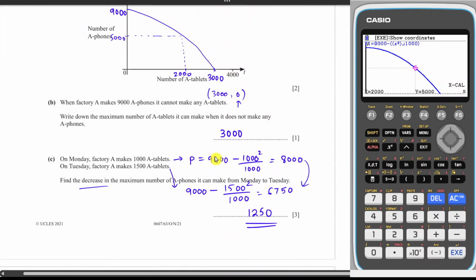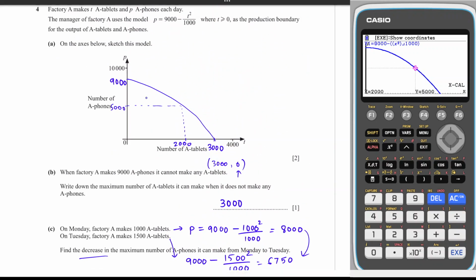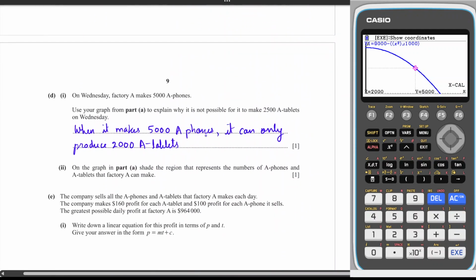Suppose if I take this point, this might correspond to somewhere close to 1,000 and maybe 6,000. So it can make these many. Whatever is there on this boundary is the optimum. So I can shade this entire region which represents the number of tablets and phones that it can make.